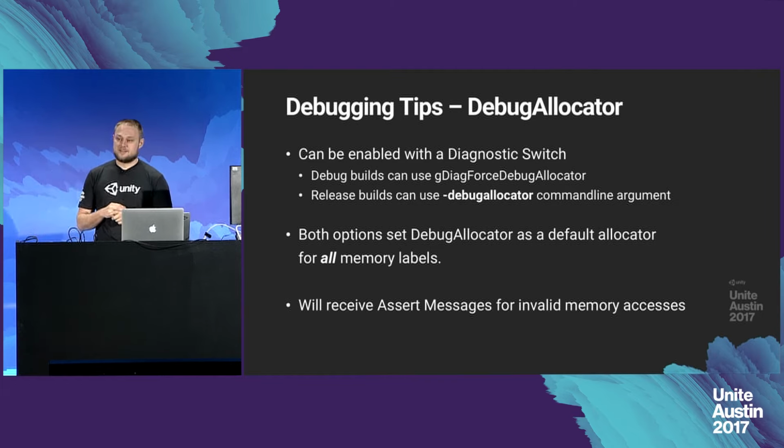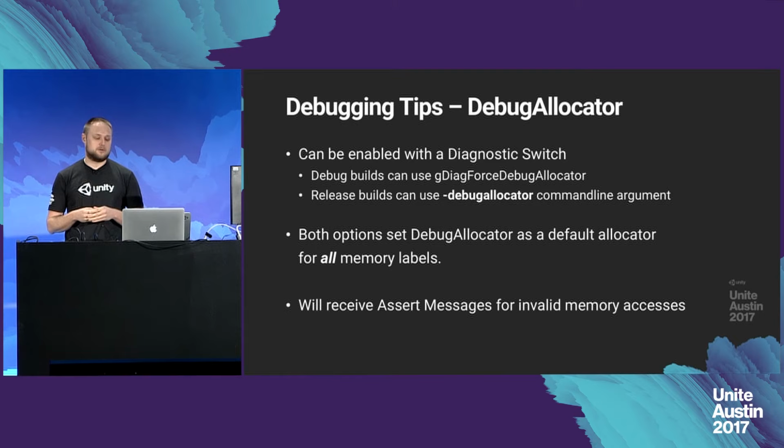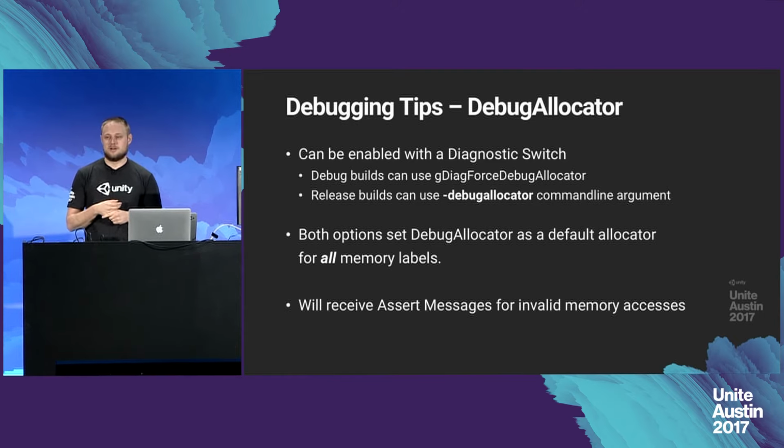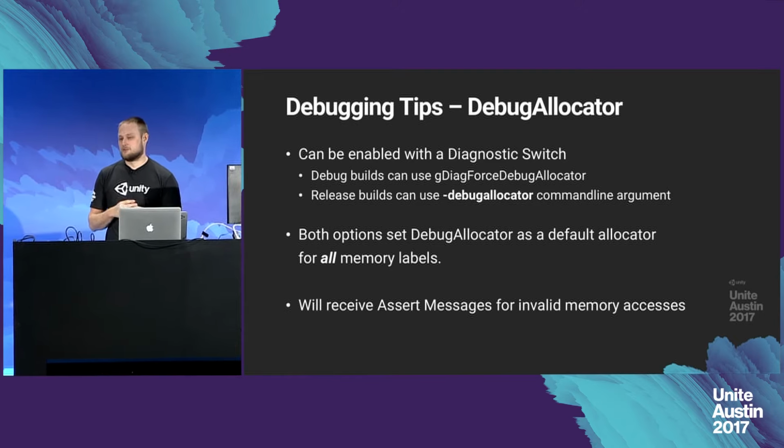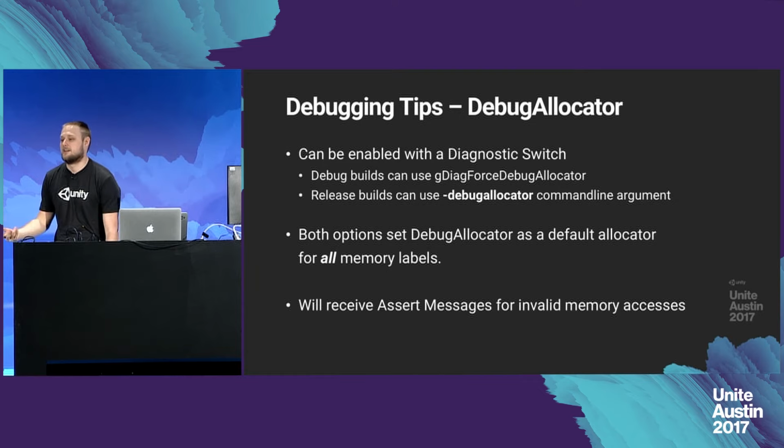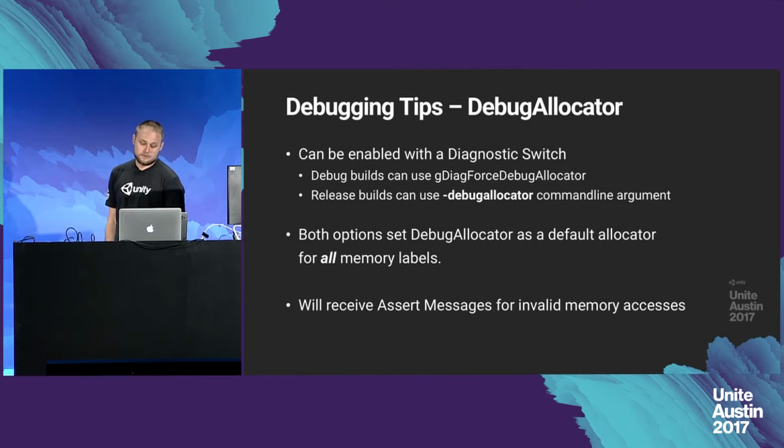The way they work is really simple. When the debug allocator detects one of the two conditions that we talked about, you'll just get an assert message with data in it. So you can essentially just have it on and then be debugging, and it'll catch it, and then you'll have some context to what's going on. OK, so that covers debug allocators.